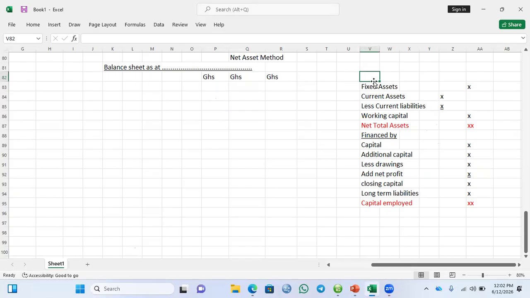there is something in determining the financial position of a business which is called liquidity, right? When we say liquidity, it simply means how easily a business can generate cash to settle pressing obligations.